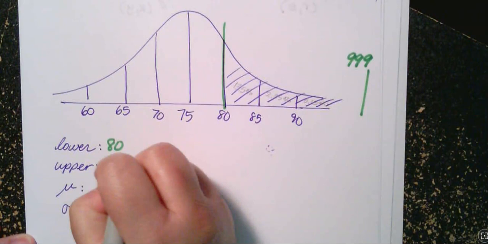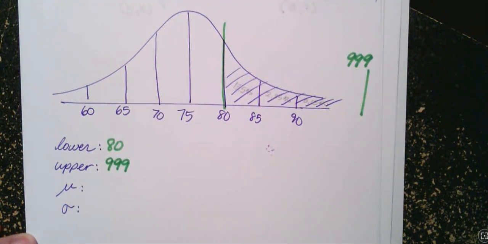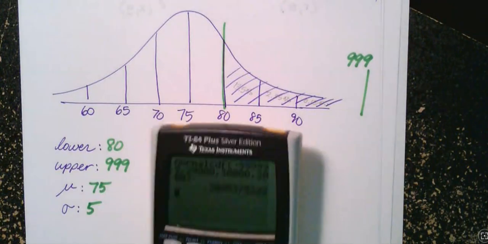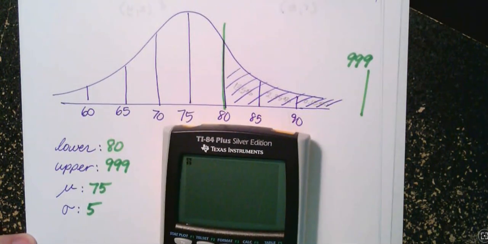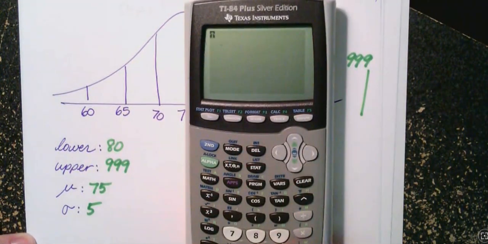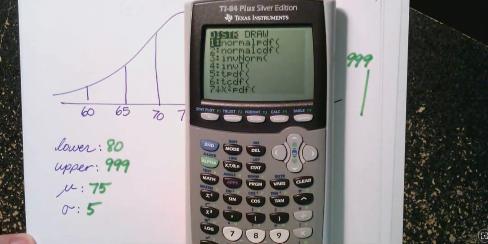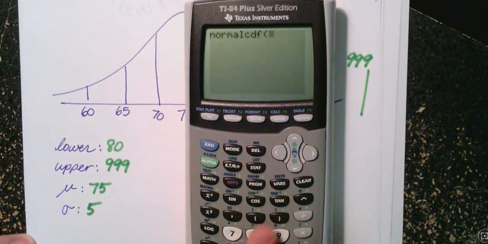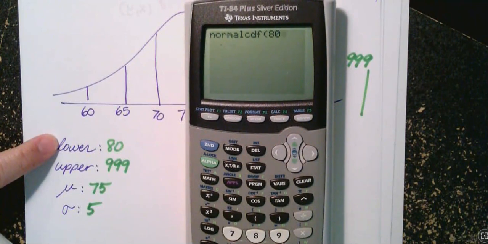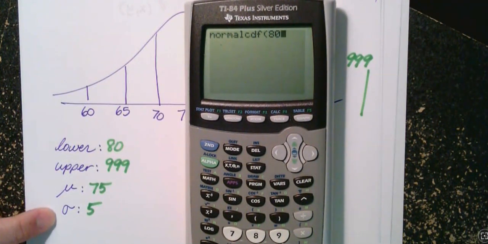You could say whatever super large number you want. My mean is 75, and my standard deviation is 5. So that's what's going in my calculator. So let me hit second, vars, hit the number 2, and I'll put 80 in for lower. And if your calculator just asks for these things, you just arrow down and put them in.